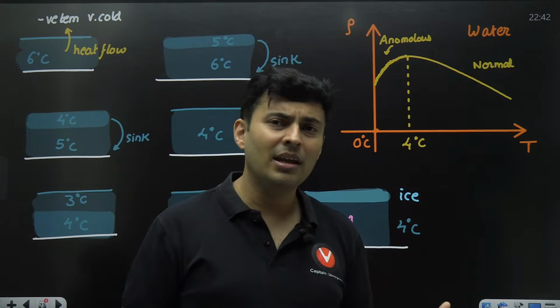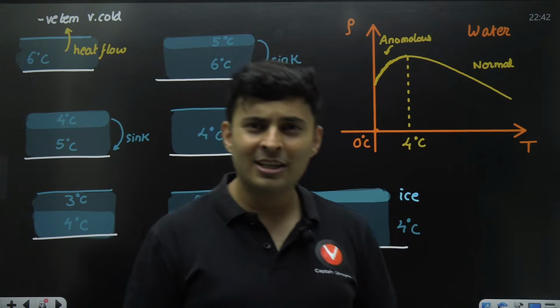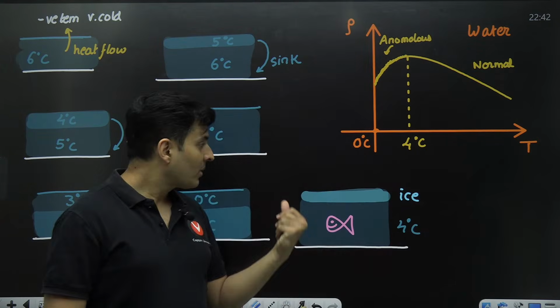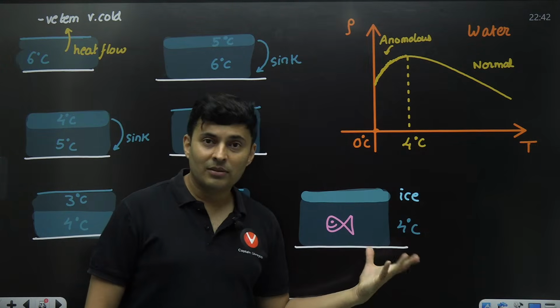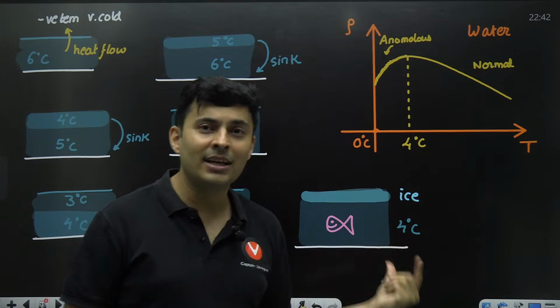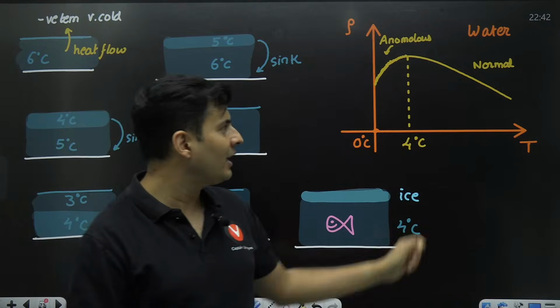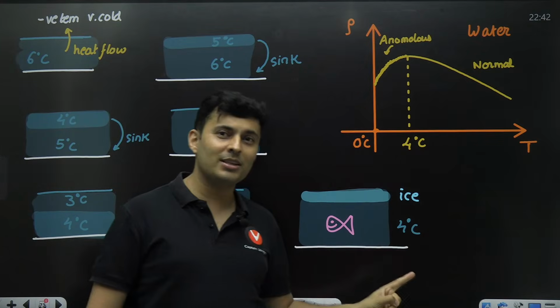Now, it is actually a funny thing to think about, whether it is God or whether it is by chance, that life on earth requires water to survive. And it so happened that nature decided that only water is that one specific liquid which will show this anomalous behavior.